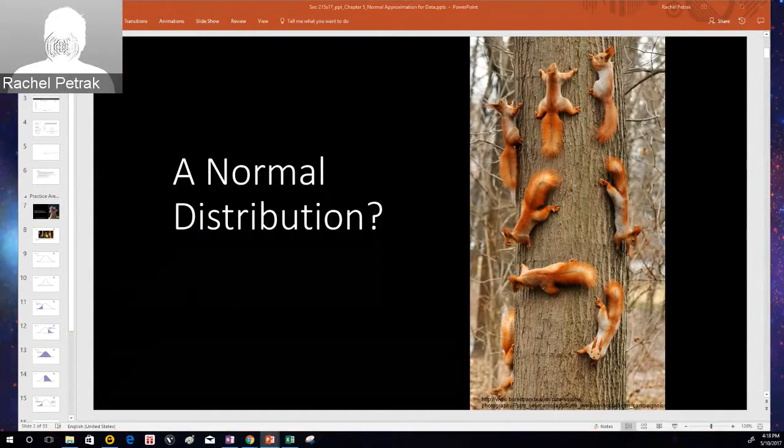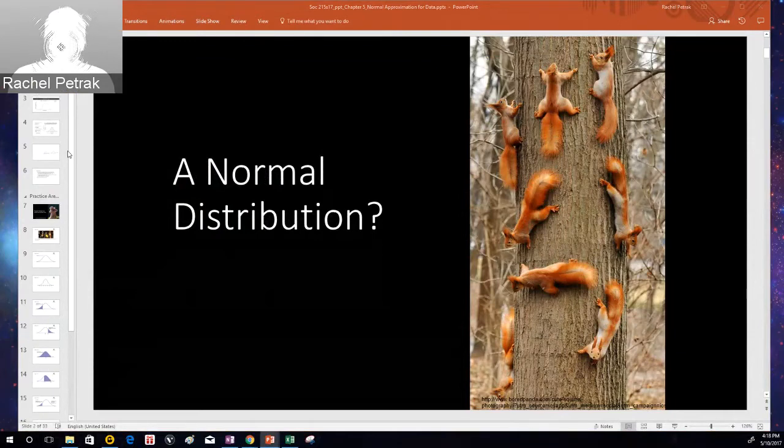It's important to remember that the normal distribution is a theoretical ideal. It's not empirical. We draw a distinction between what's theoretical and what's empirical in the following way.